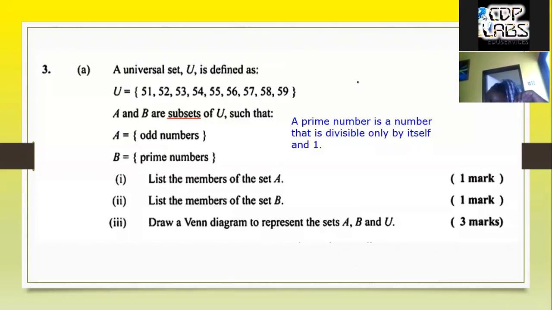So you have to test them to make sure whether they are prime numbers or not. Sorry, 53 is a prime number, but not 51. So 53 is one of the prime numbers. Make note of that.